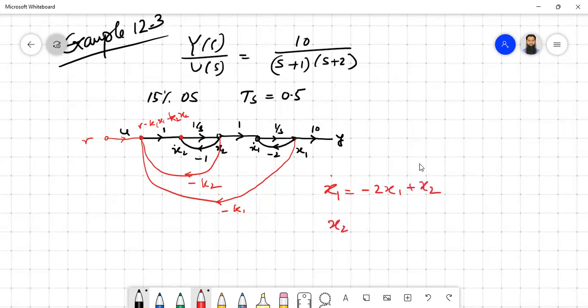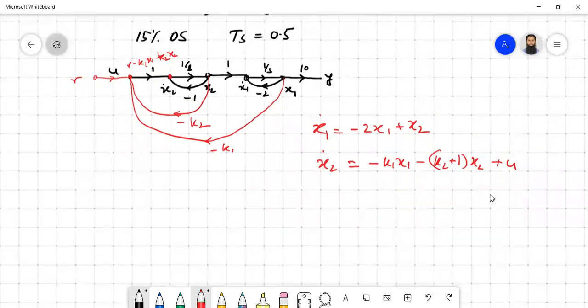And x2 dot has the feedback gains coming in as well, so minus K1 x1 minus (K2 plus 1) x2 plus u.